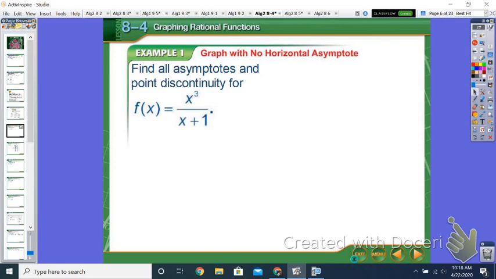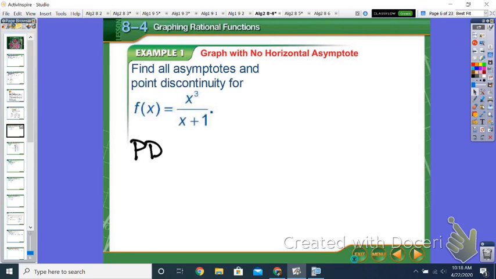Now, I made it so that the directions on these are always going to be the same, so you should be looking at the words point discontinuity and wondering what the heck that means, and that's because we haven't talked about that yet. But I wanted to make the directions all the same because we're always going to be looking for those different things. Okay? And we're also going to talk later about oblique asymptotes. So the setup on these for your answer, actually, let me go back.